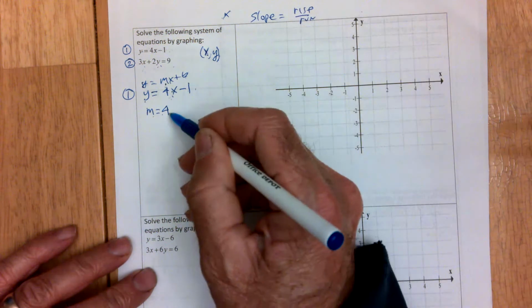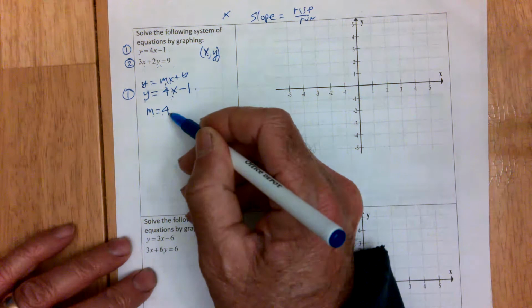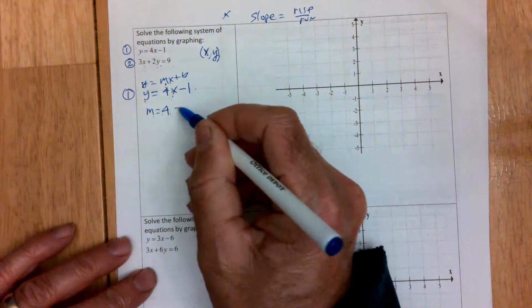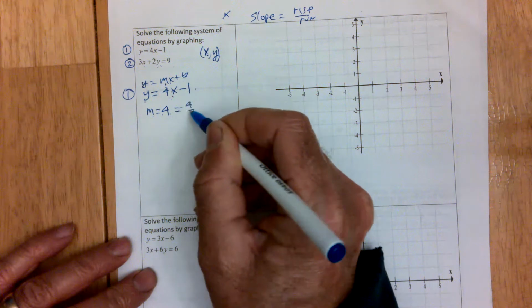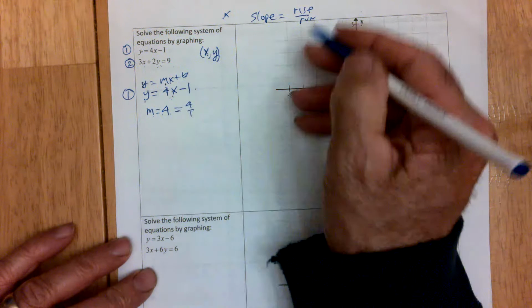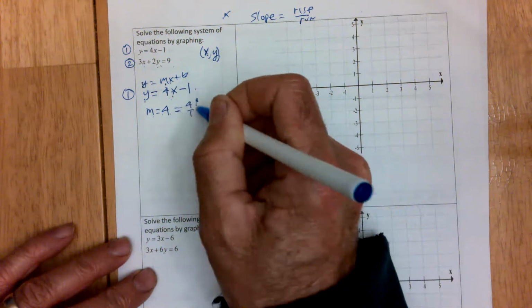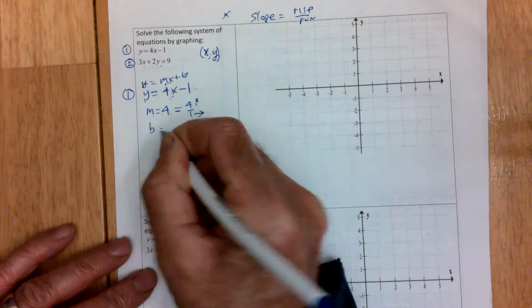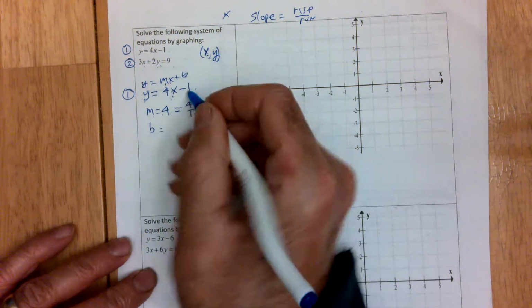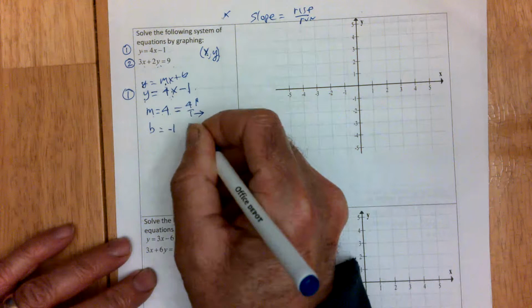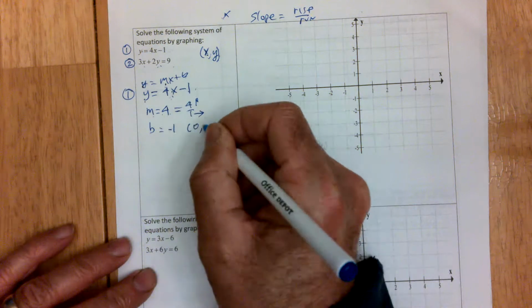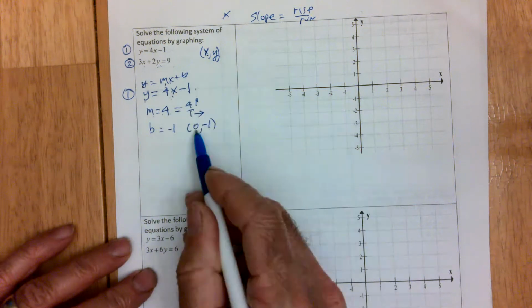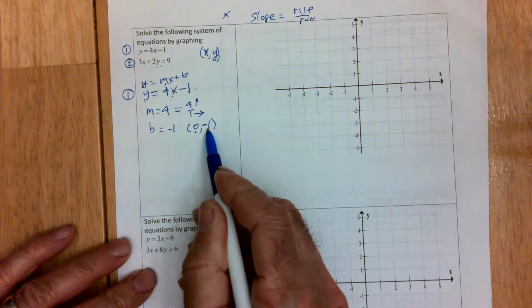So what we want is not an integer, as this is, but a fraction. So we're going to change that to 4 over 1. And then our rise, the numerator, is up, and our run is that value. Our y-intercept is negative 1. That's the value when x equals 0: the point (0, -1).